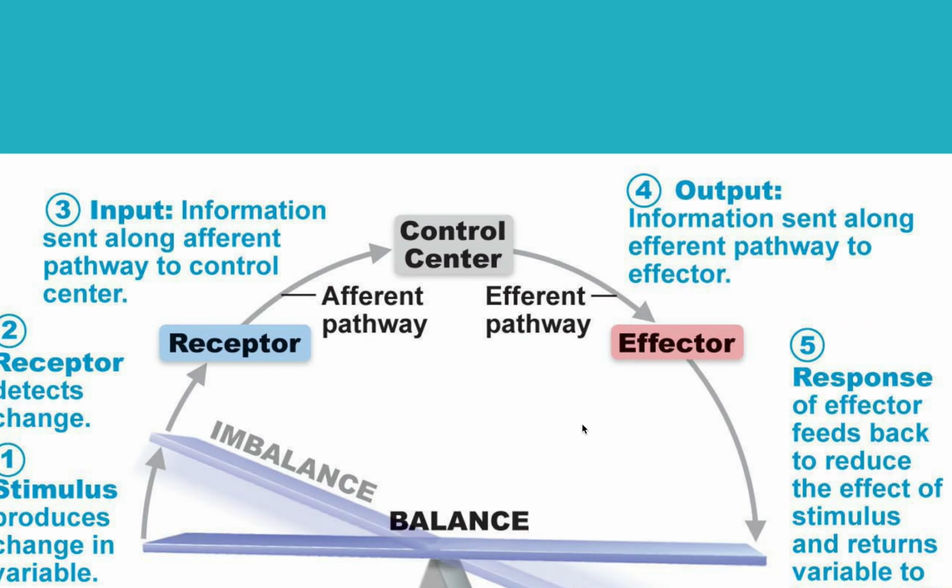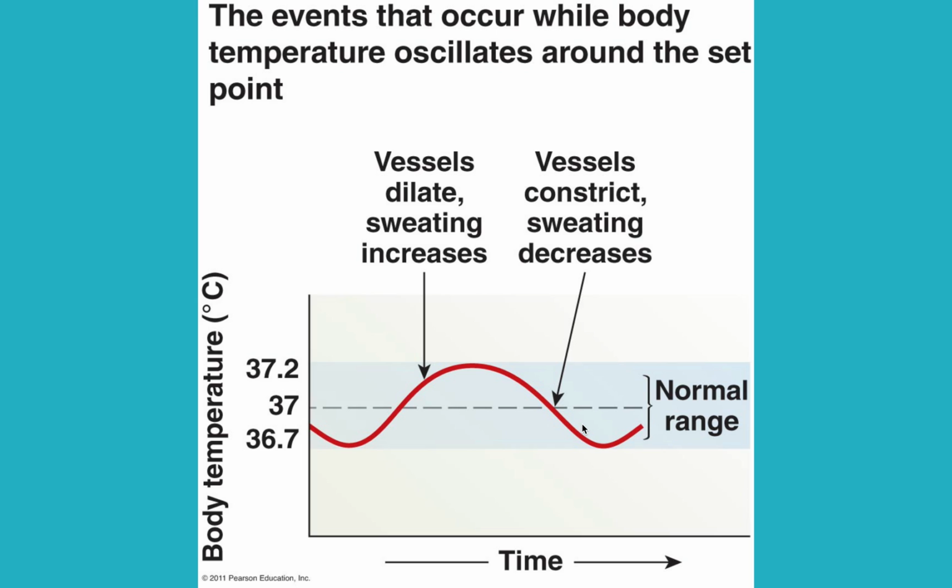So let's look at an example of this. Here again is the example of body temperature. So we can see here's the set point at 37, and that doesn't mean that our body's always at that temperature. Our body's somewhere in this range, hopefully. And different things happen. When we get too hot, we start to sweat, or our blood vessels dilate, and that will cause us to lose heat to the environment.